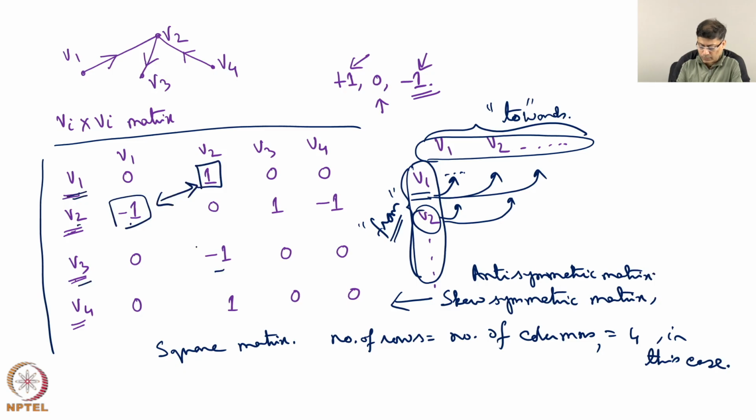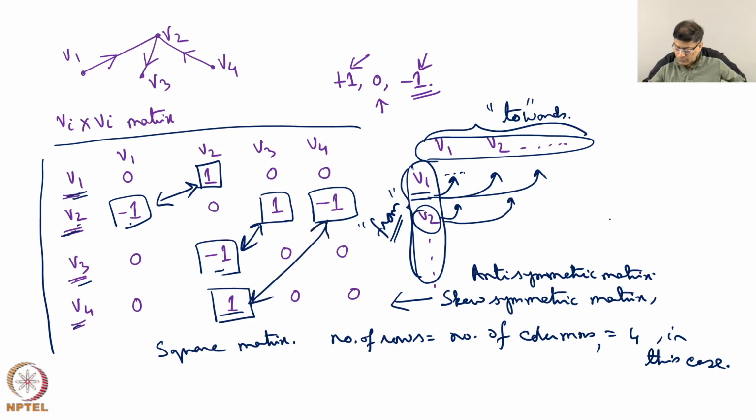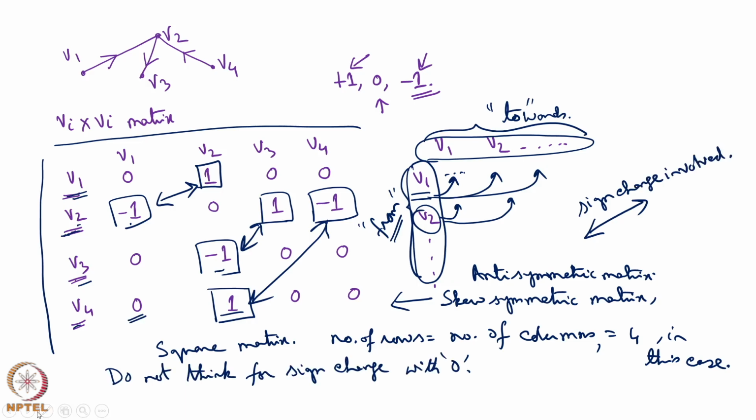If V3 to V2 is -1, then V2 to V3 is +1, we can note a sign change. If V4 to V2 is 1, then V2 to V4 is -1, we are observing sign change. So, here by putting this double sided arrow, we indicate that there is a sign change involved.